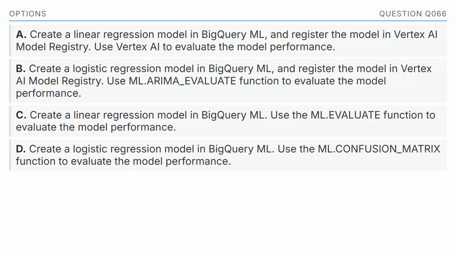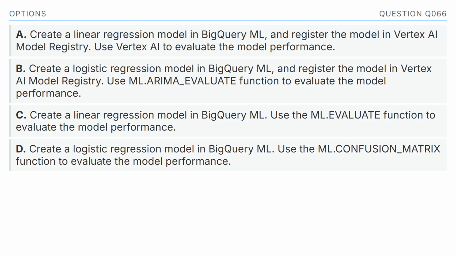The options are: Option A, create a linear regression model in BigQuery ML, and register the model in Vertex AI Model Registry. Use Vertex AI to evaluate the model performance. Option B, create a logistic regression model in BigQuery ML, and register the model in Vertex AI Model Registry.